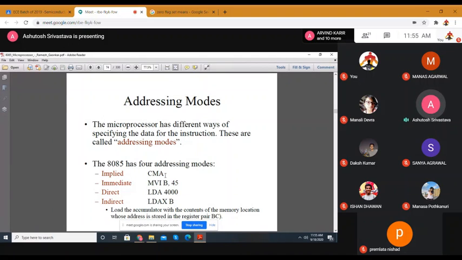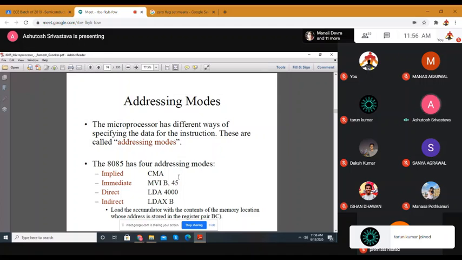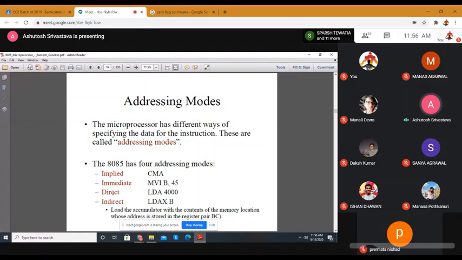When we are talking about the implied form, we may use instructions like CMA. When we are giving an immediate value to a particular register, say register B, we use the immediate type of addressing mode.